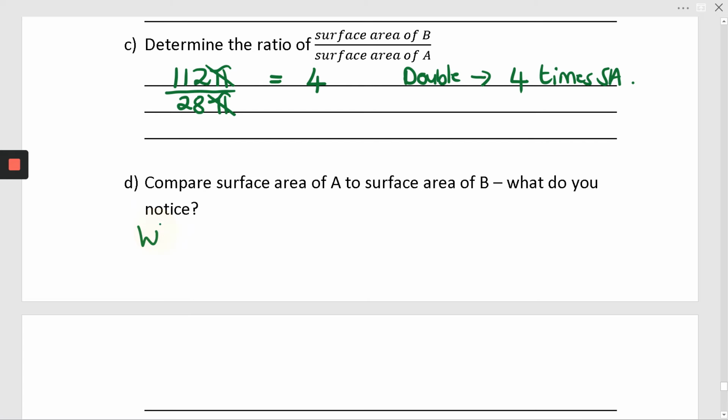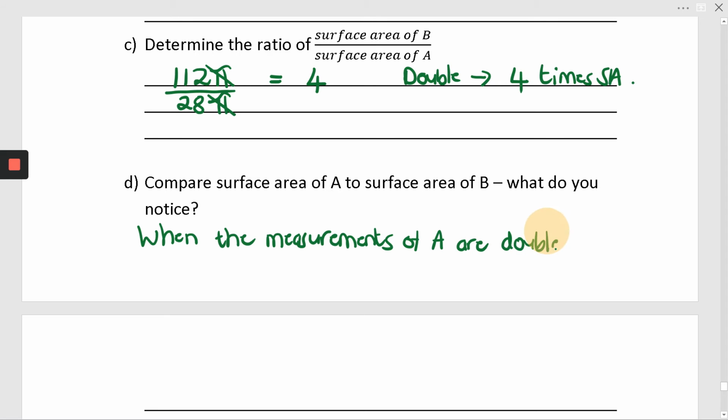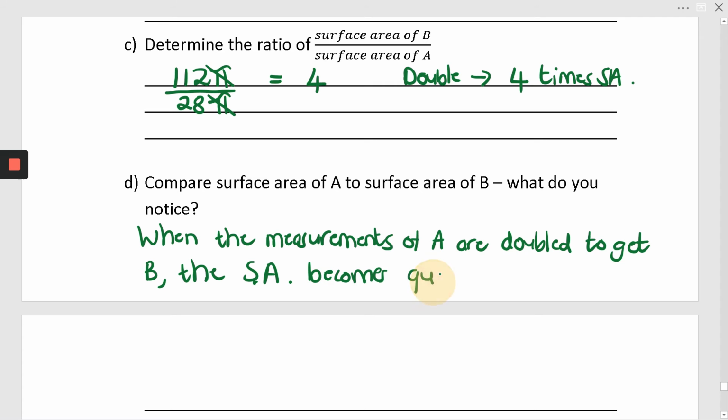Okay, so I'm going to put this in a full sentence now. I'm going to say when the measurements or the dimensions, right, of A are doubled to get B, the surface area becomes quadrupled.